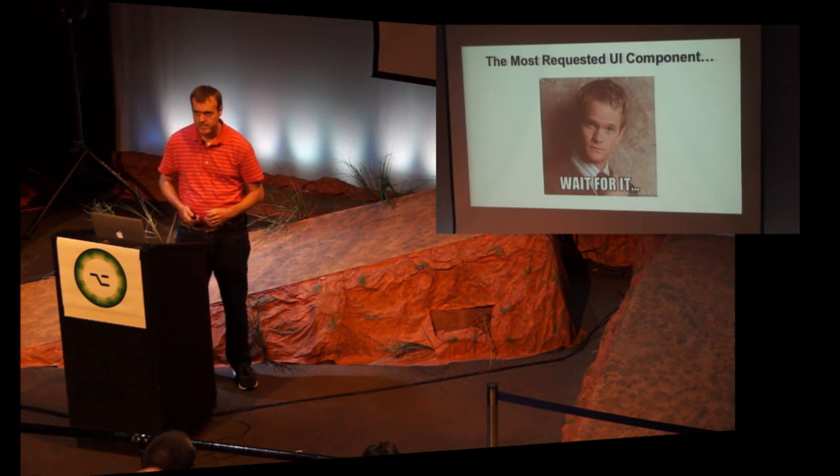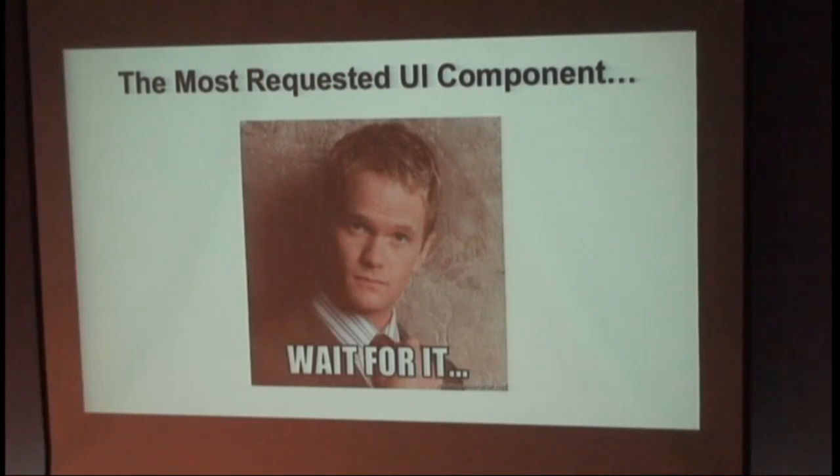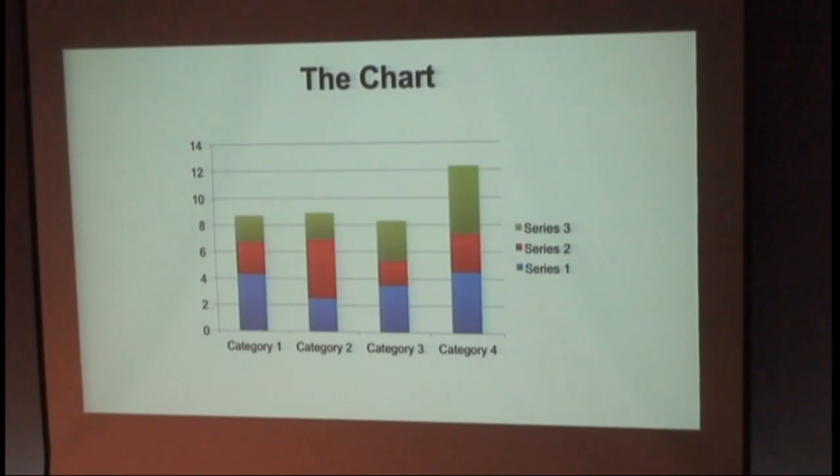So the most requested UI component out of everything, what would you guess it would be? What do you think most people building line of business or enterprise apps would want? Okay, the chart. I gave it away.